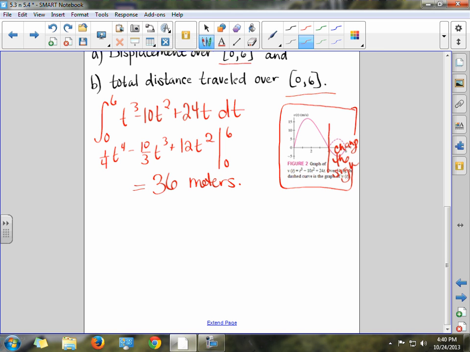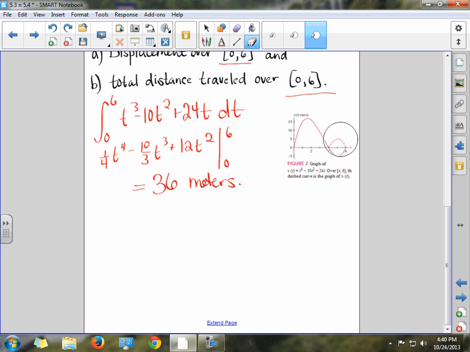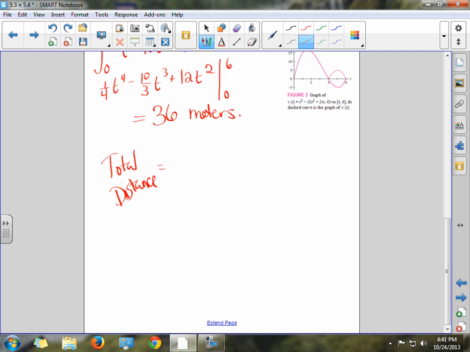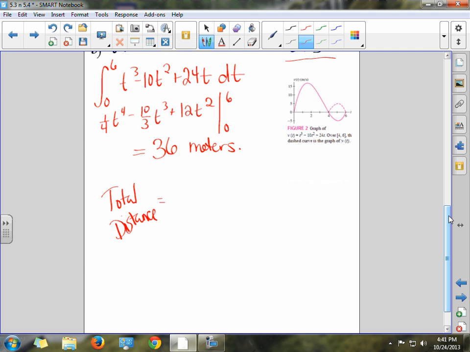So I see that my function crosses the x-axis at 4, and between 4 and 6 it has negative area. So I need this area to be positive. So for total distance traveled, I want to write two integrals. My positive area is going to stay positive.